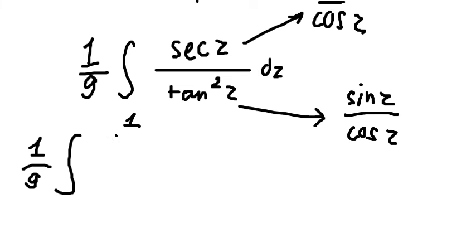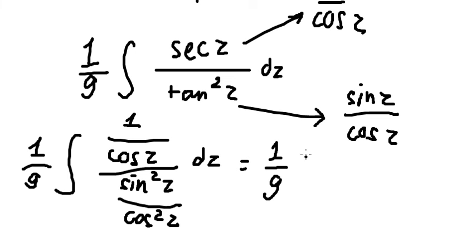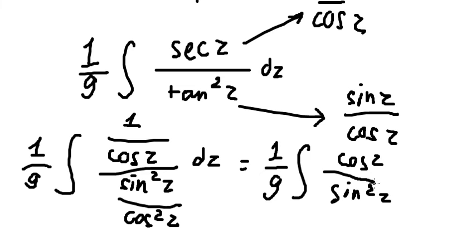And we get 1 over cosine z over sine z square over cosine z square. So we put cosine z square on the numerator and then we simplify with cosine z, and we get 1 over 9 the integral of cosine z over sine z square dz.